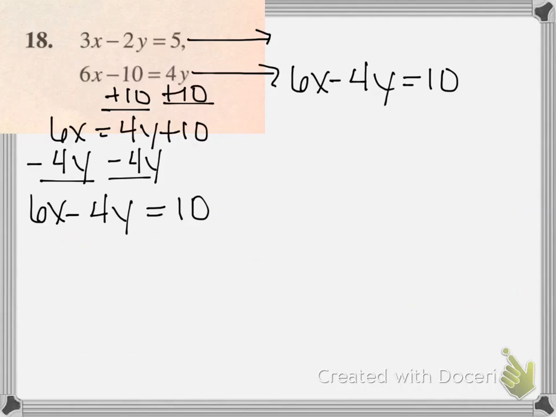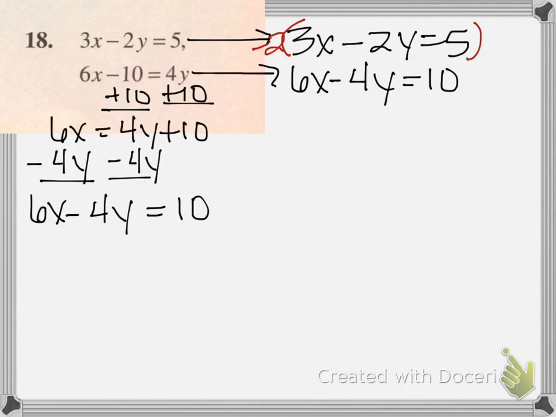So I can bring my top equation over. I don't have to do anything to it. And now I can eliminate. Well, you'll notice that I don't have anything ready to eliminate. So let's just eliminate, how about the x's? Since my bottom is 6x, I'm going to need a negative 6 on top, so I'm going to have to multiply everything by negative 2.